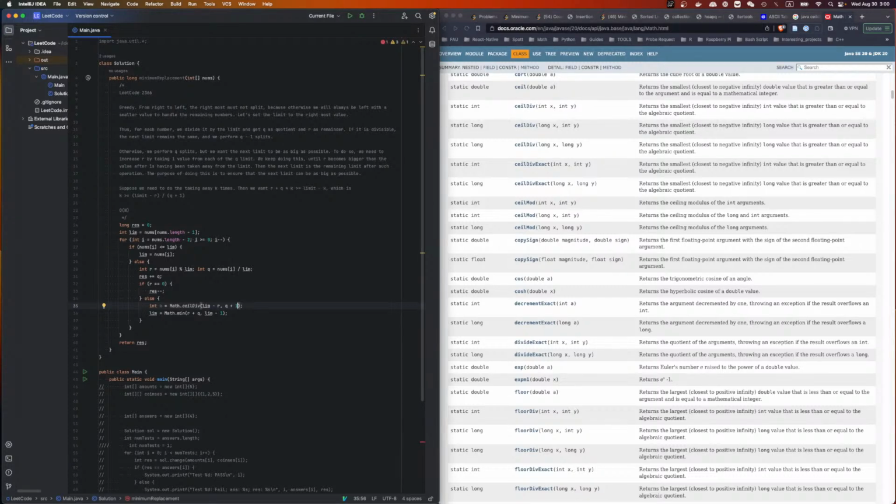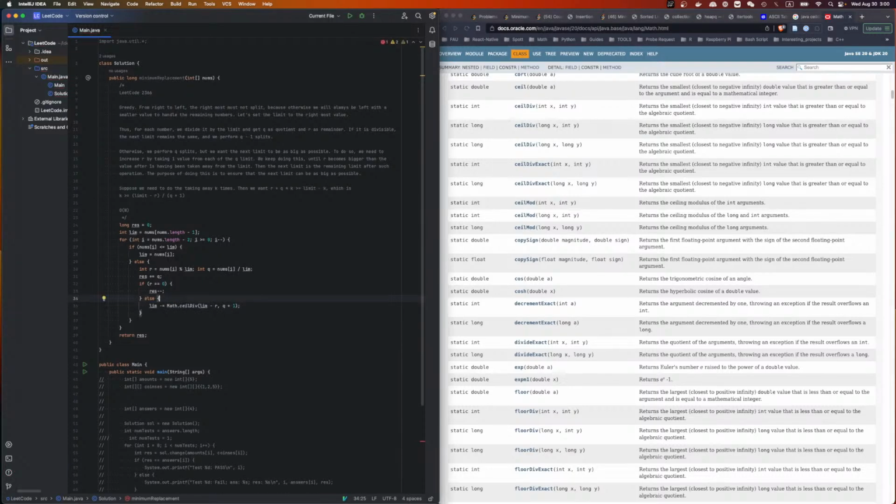Then we will add a k. It should be minus equal to k, or we can just minus equal to this thing. If it's divisible, fine. You know what?